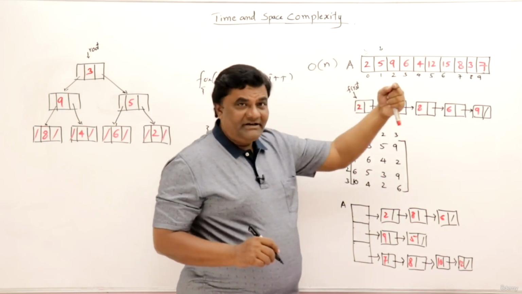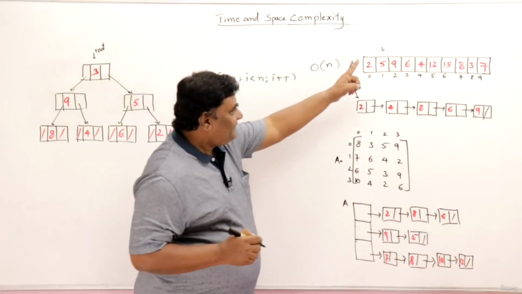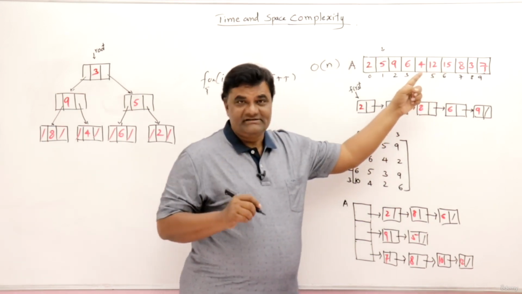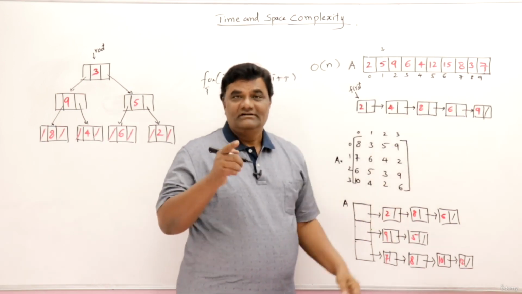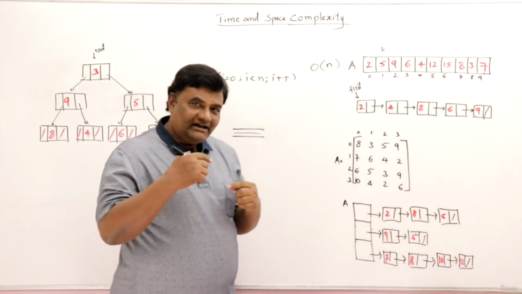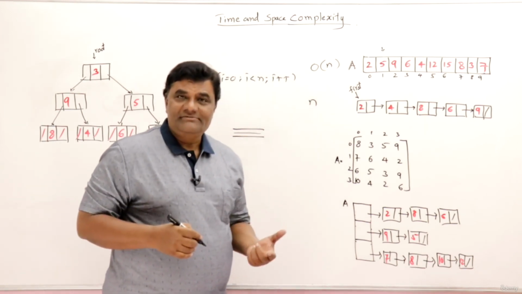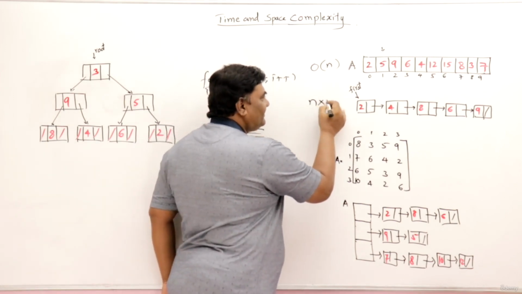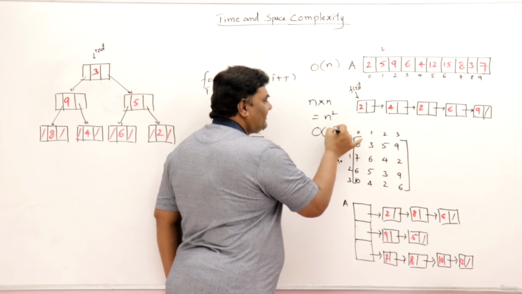Like that, for each element, I'll be checking with all the rest of the elements. So for one value, it will check for all, means n elements. Then for the next value also, if it is checking for all, processing for all, then n elements. So n elements are being processed, but how many times? For each element, n elements are processed. So this will be n square. This is n into n, that is n square. So we can say order of n square.